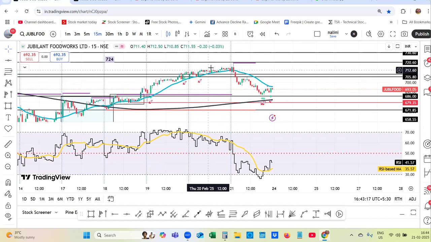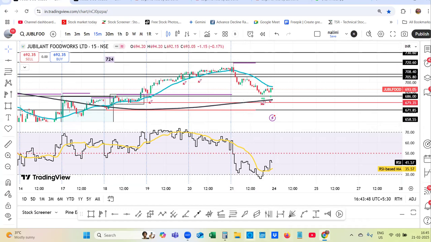So then my bias is towards the negative, and correspondingly you can see RSI crossing below its moving average. So both are telling negative. Then what I did was take the high of the candle. What was the high of the candle? 719.90.